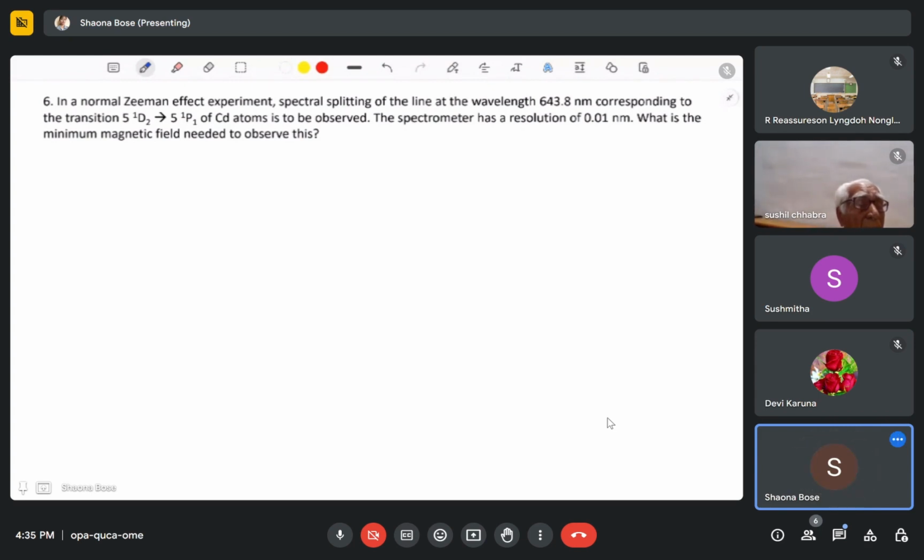Okay, so in a normal Zeeman effect experiment, the spectral splitting of the line at the wavelength 643.8 nanometers corresponding to the transition 5(1D2) to 5(1P1) of cadmium atoms is to be observed. The spectrometer used has a resolution of 0.1 nanometers. So what is the minimum magnetic field that is required to observe this splitting?